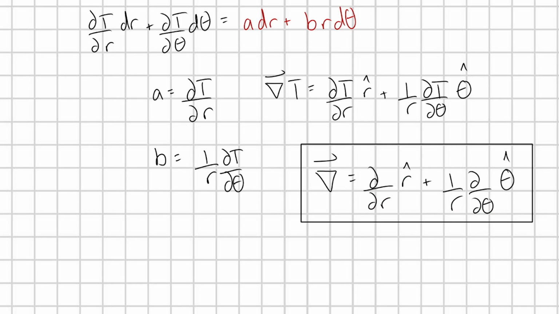Now we have the Nabla operator in polar coordinates. And this is extremely useful, like I said, not just for analyzing scalar fields, where we get the gradient, which we talked about a bit here, but we can also use this when discussing vector fields. So this is a very useful tool that we just extracted.